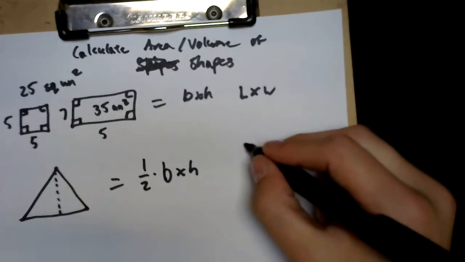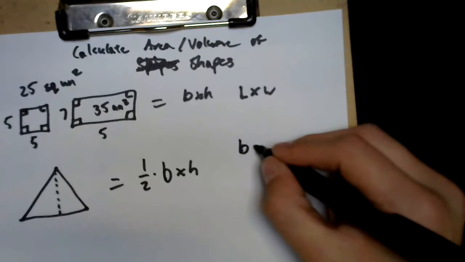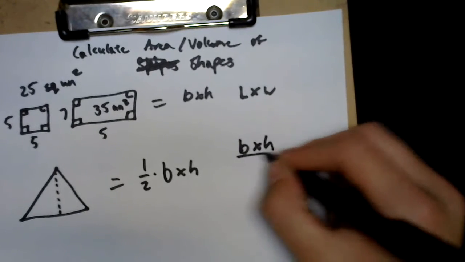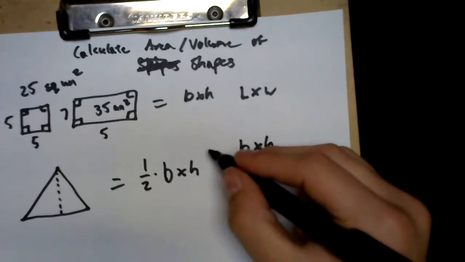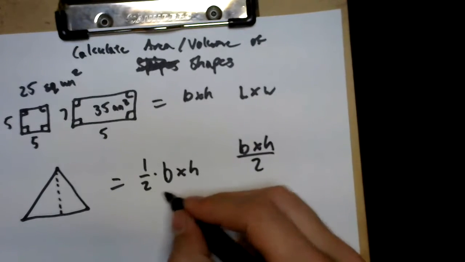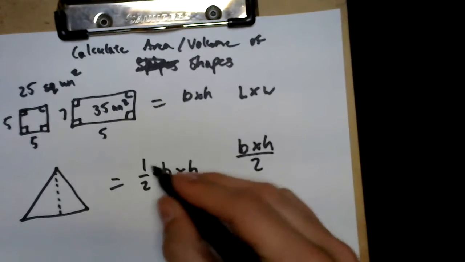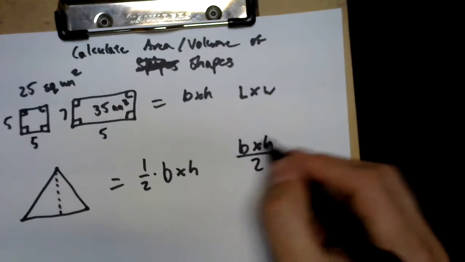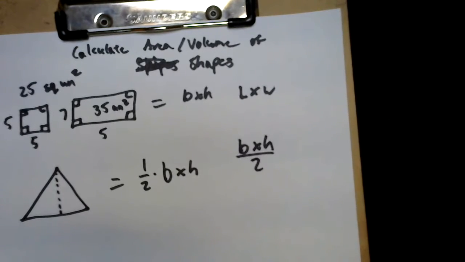Or some people may write it as base times height over 2, because if you put this over 1, 2 times 1 is 2, 1 times this full thing is just base times height over 2.